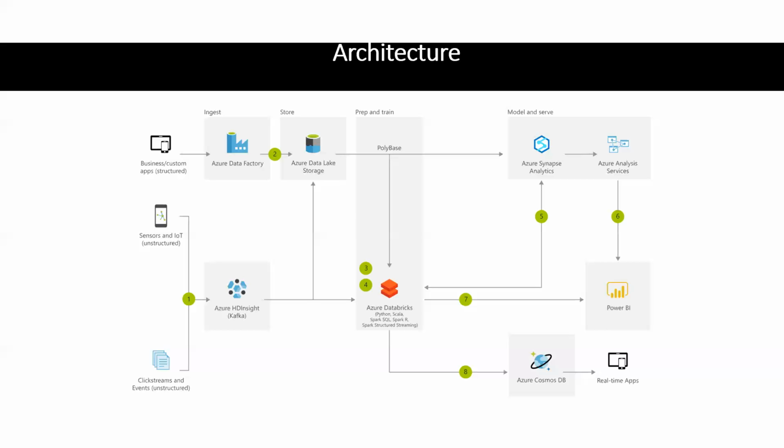After that, we take advantage of Azure Databricks to clean, transform, and analyze the streaming data and combine it with structured data from operational databases or data warehouses. So we just discussed Azure Databricks, this is an Apache Spark-based analytics platform. So we can do all the ETL transformations.